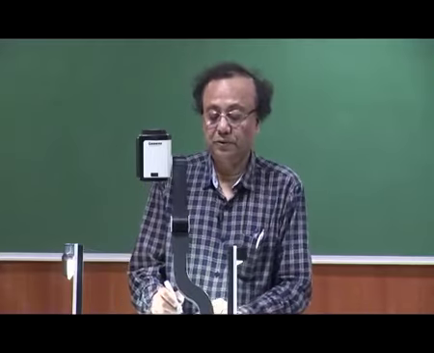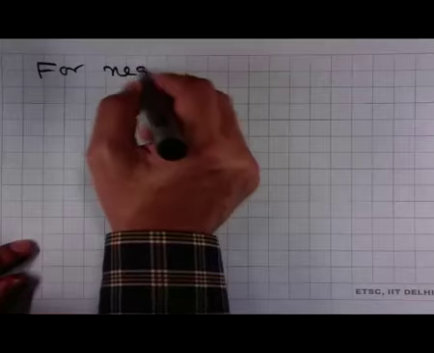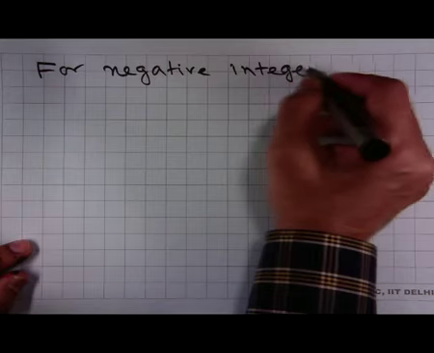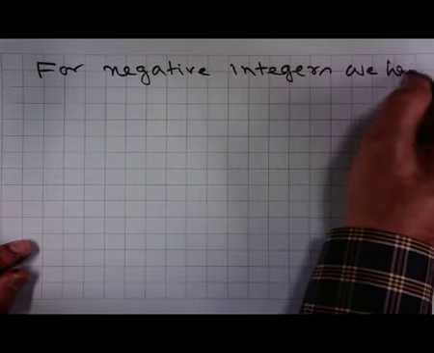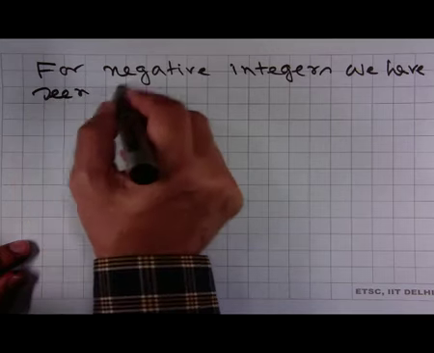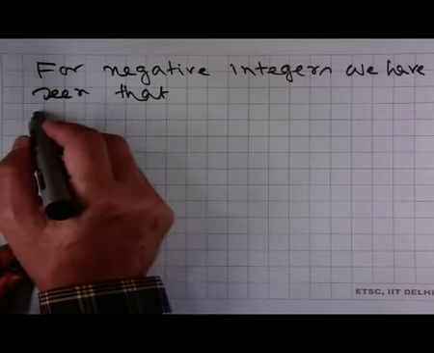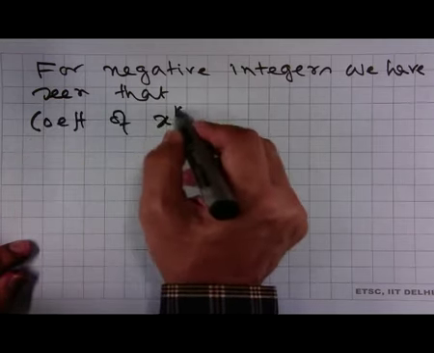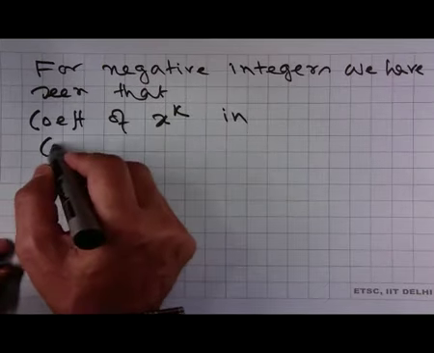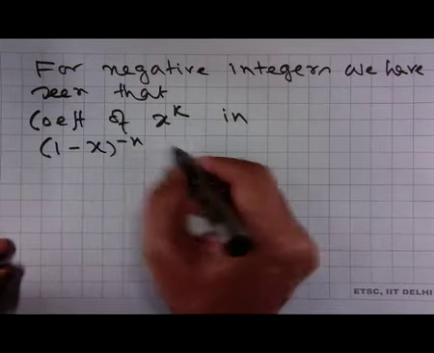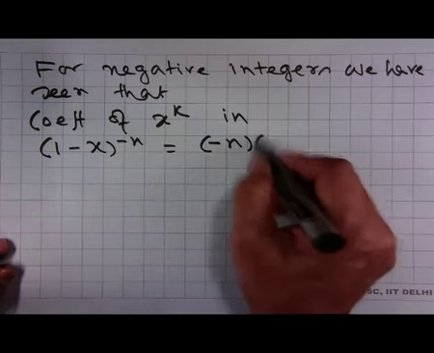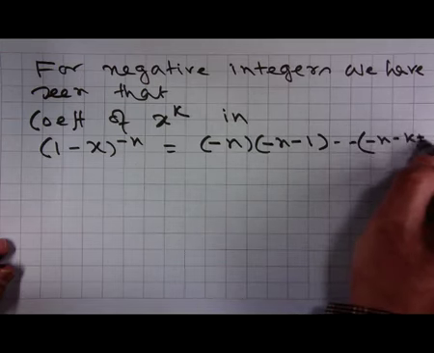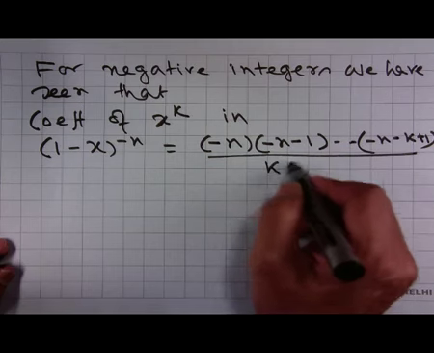So, for negative integers, if you remember, we have seen that the coefficient of x to the power k in (1 minus x) whole to the power minus n is equal to minus n, minus n minus 1, up to minus n minus k plus 1, upon factorial k.